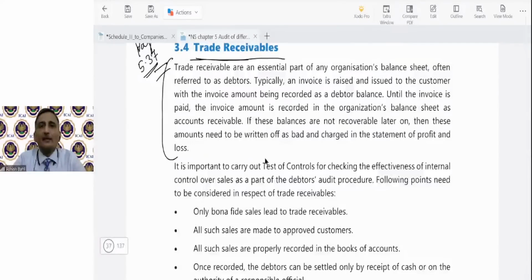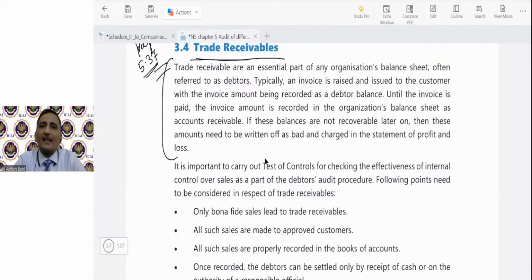So trade receivables. Students, how are trade receivables created? Obviously, when an entity sells some goods or services to another company or entity, it results in the creation of trade receivables, which in common language we call debtors.